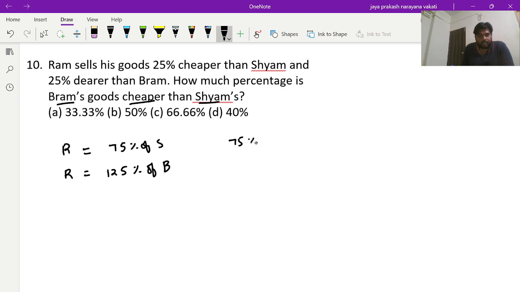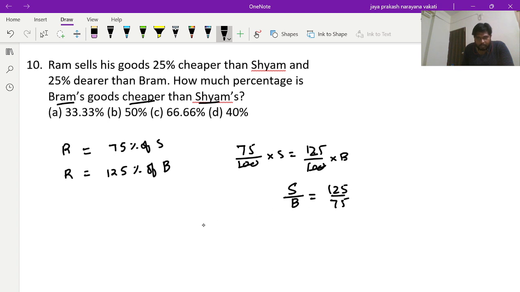So 75% of Sham equals 125% of Brahm. So Sham to Brahm equals 125 by 75, where we got a ratio: Sham to Brahm equals 5 is to 3.